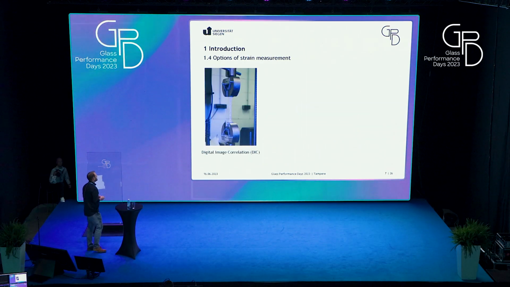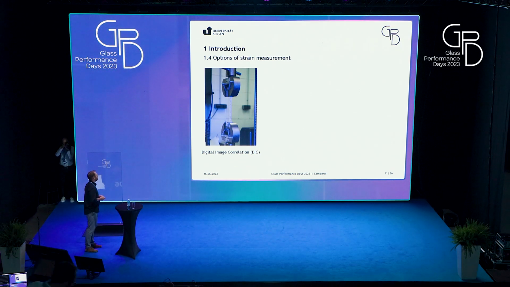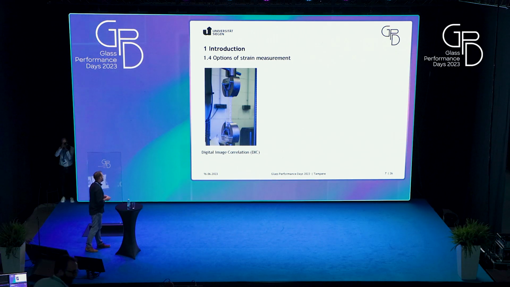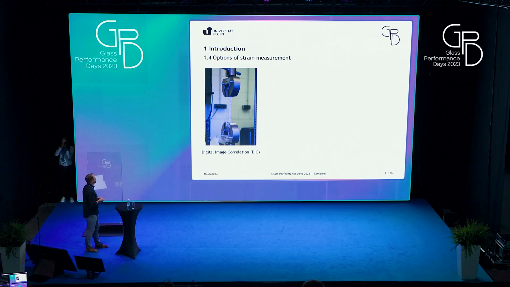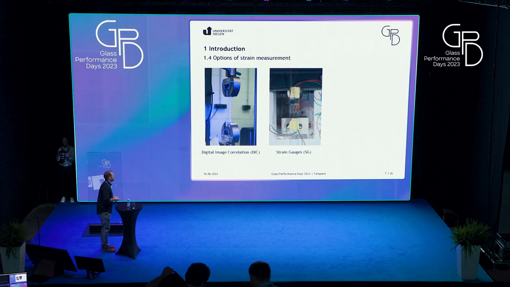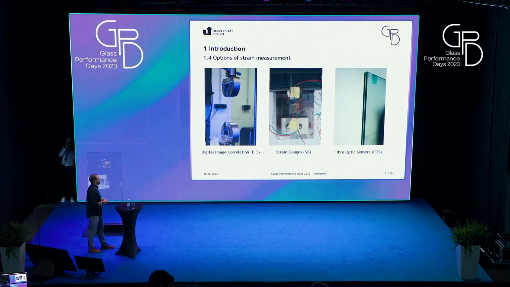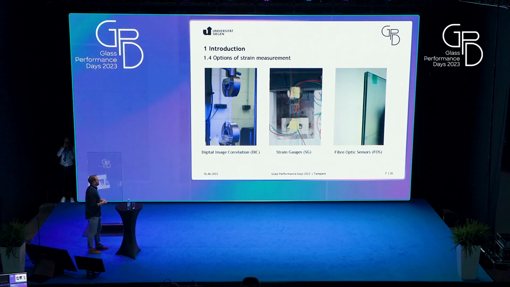We have some options for strain measurement, which are shown in the picture on the left. This is an example of digital image correlation, DIC, on standard tensile tests. We have strain gauges as well, and the fiber optic sensing, which is what I want to tell you more about.